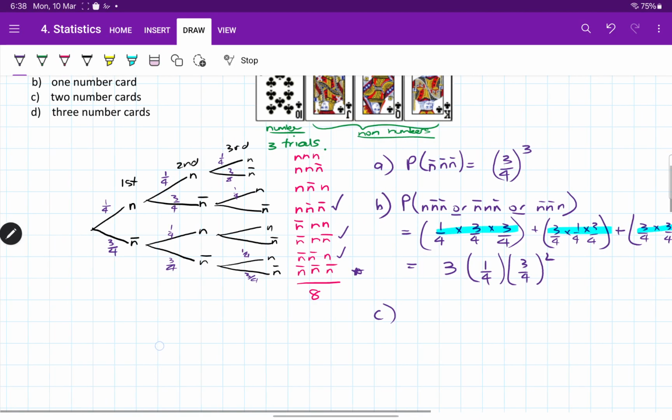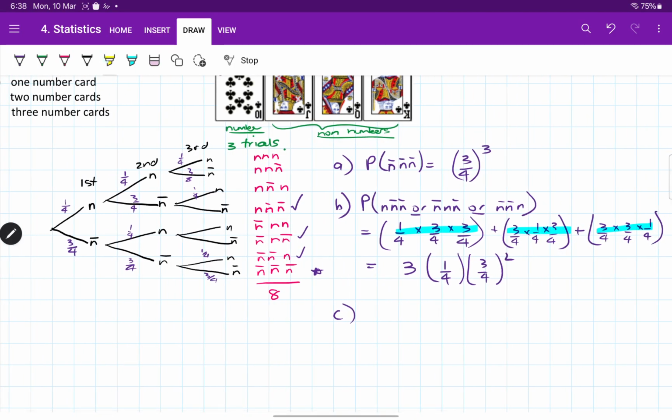Okay, let's do the next one. C. 2 number cards. So let's look for the 2 number cards. So 2 ends. There's one there. There's one there. There's one there. And I think that's it, isn't it? Okay.